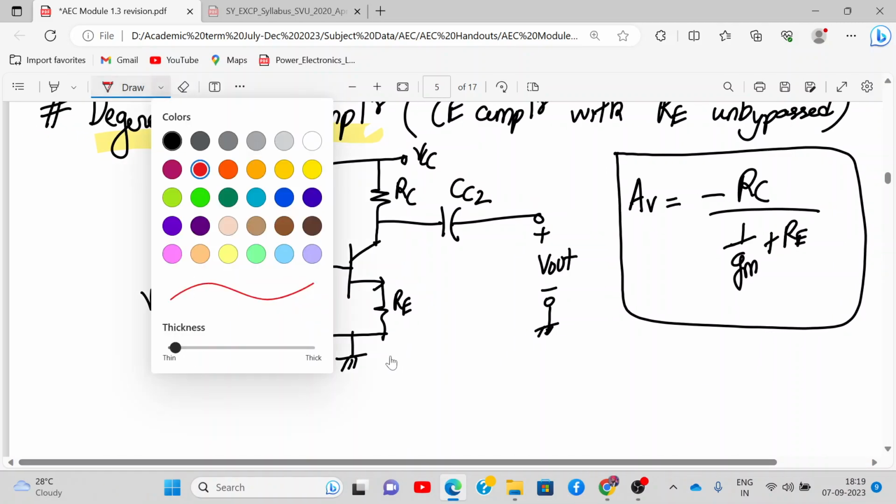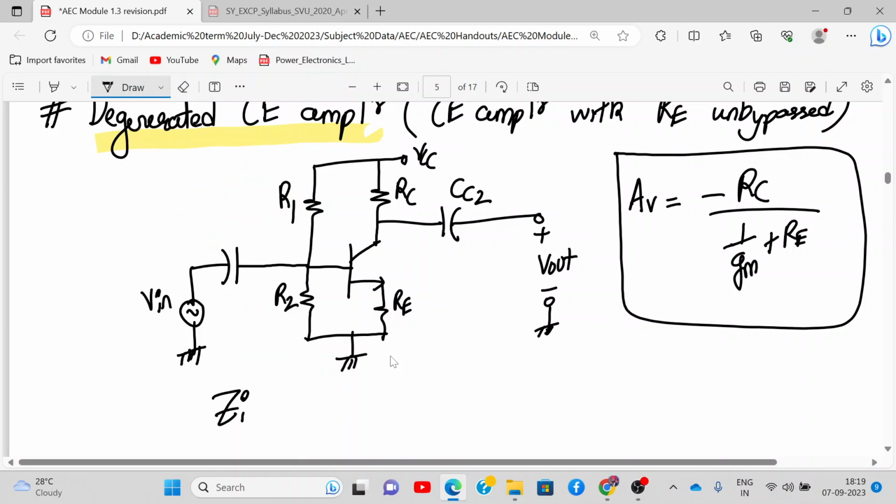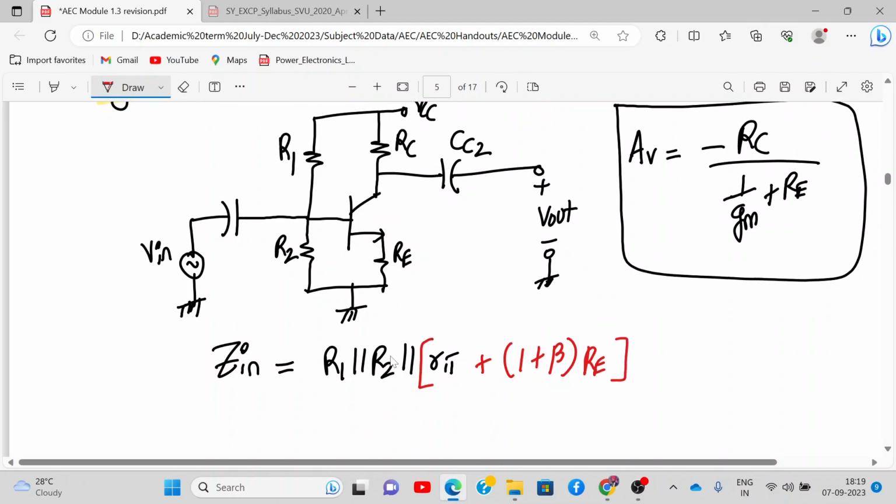Now what is the formula for Z in? Up till here it's same, R1 parallel to R2 parallel to R pi, but here there will be some change. Write down these formulas. 1 plus beta RE. So that's the change. Okay, this 1 plus beta RE into beta into RE, what this indicates that Zin value has increased.